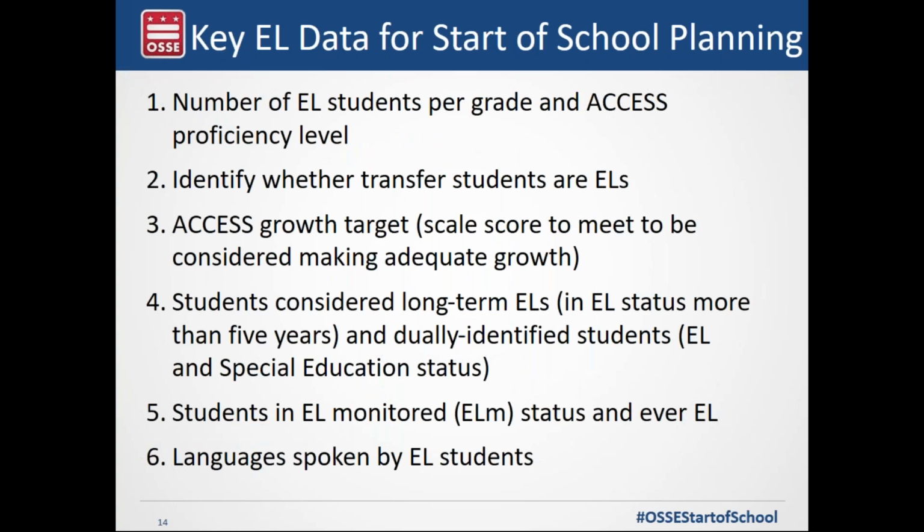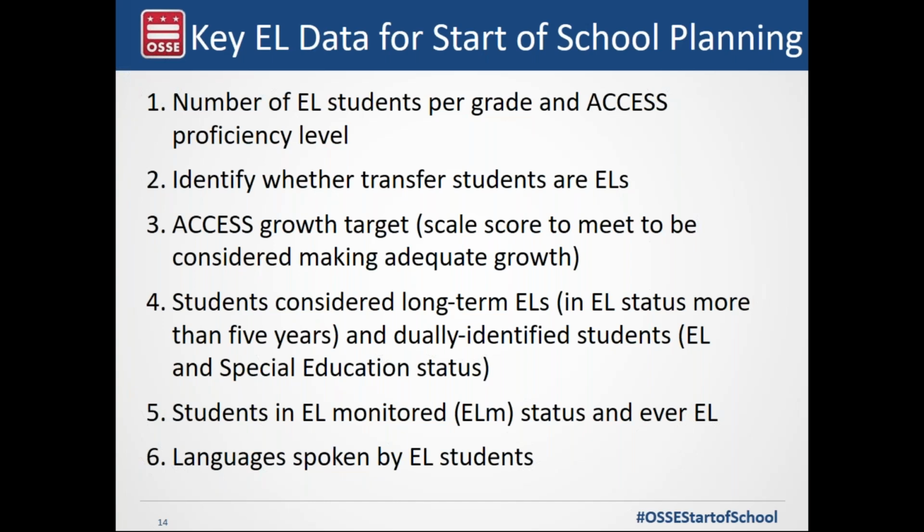So as we go through the app, we're going to be looking at 6 key points of data that can be helpful for start of school planning. The first is number of EL students per grade and access proficiency level. Second, to identify whether transfer students are English learners.